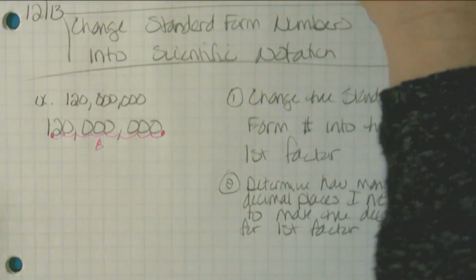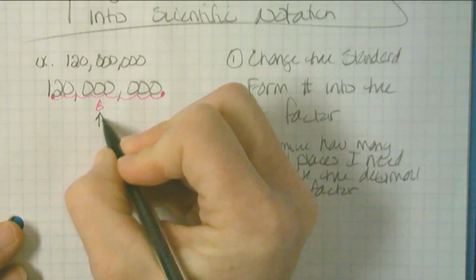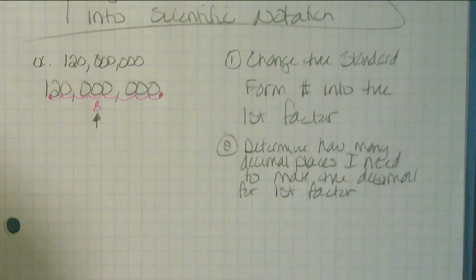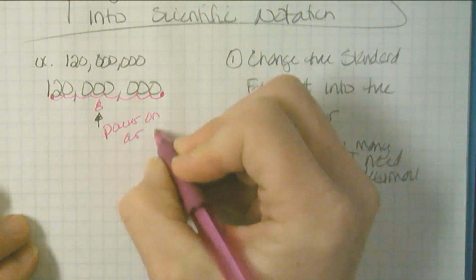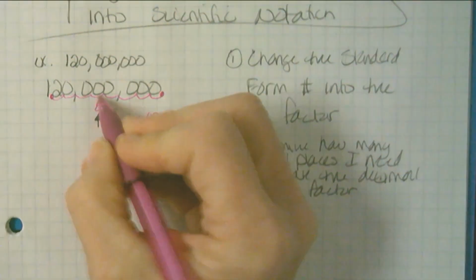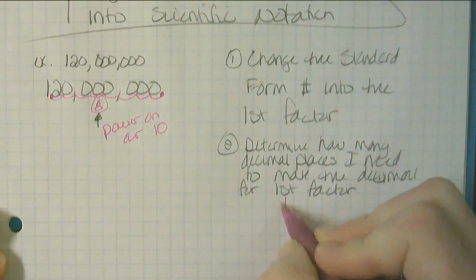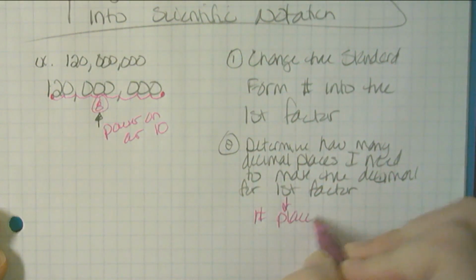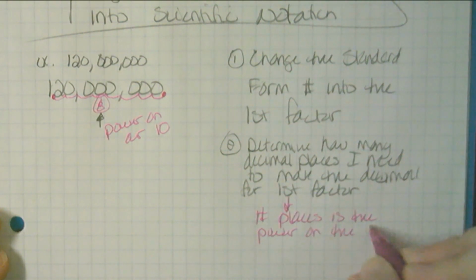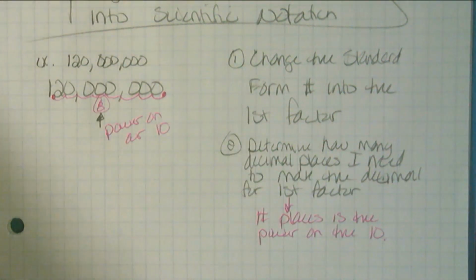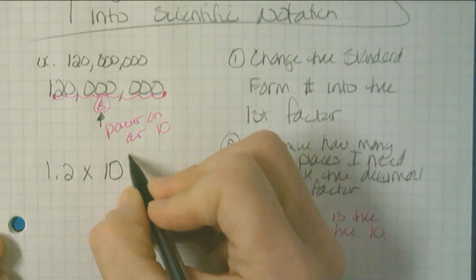Okay, so I moved it 8 places. So that number of places is our power on our 10. So number of places is the power on the 10. So if I start writing this, I have 1.2 times 10, and I'm going to write 8 here.